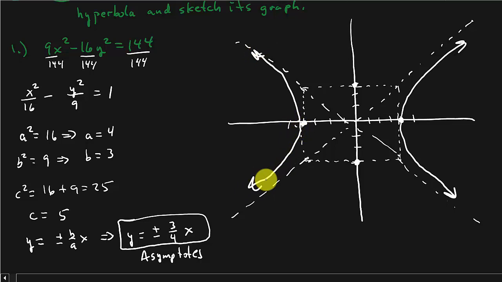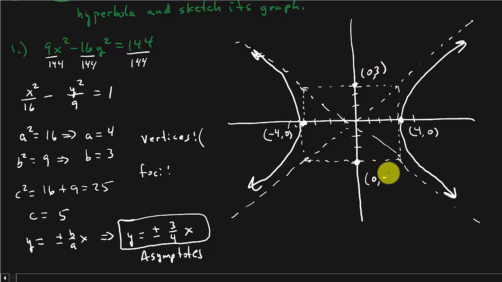All right. So let's see, what are our vertices? We've got to find those, don't we? And we need the foci. I'm going to plot the foci too. So the vertices, well, this is the point 4, 0 and negative 4, 0. This is the point 0, 3 and 0, negative 3, right?